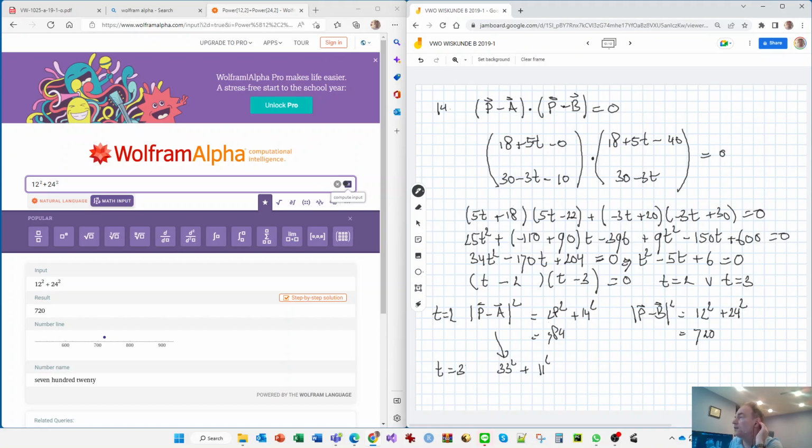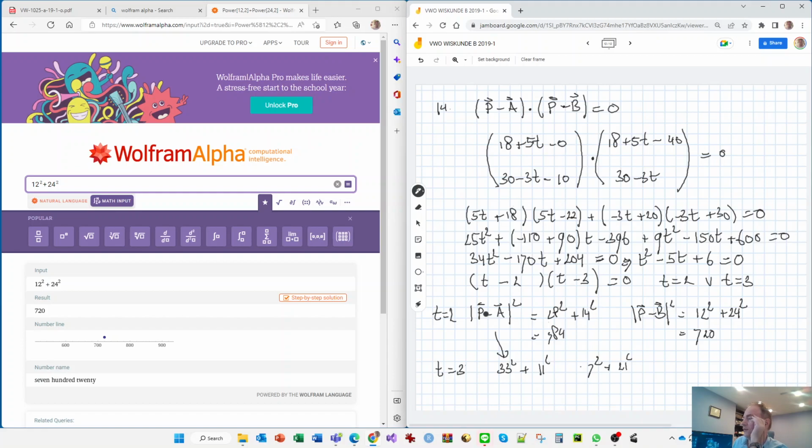And for the other, minus 22 again, plus 15. It's minus 7. 30 minus 3t is, and yeah, you can immediately tell actually the 33 is larger than 21, 11 is larger than 7.